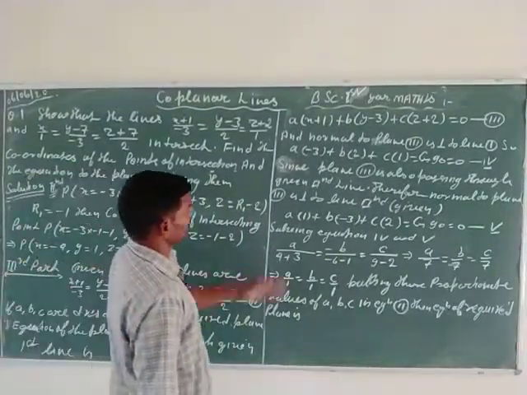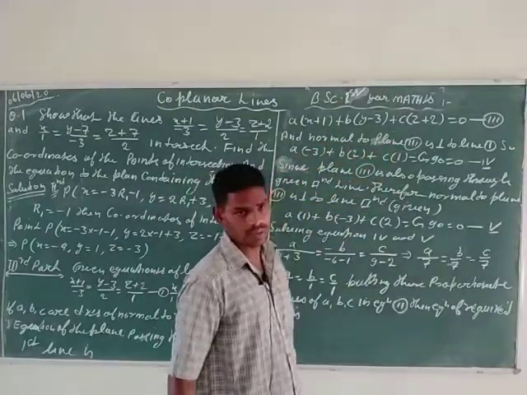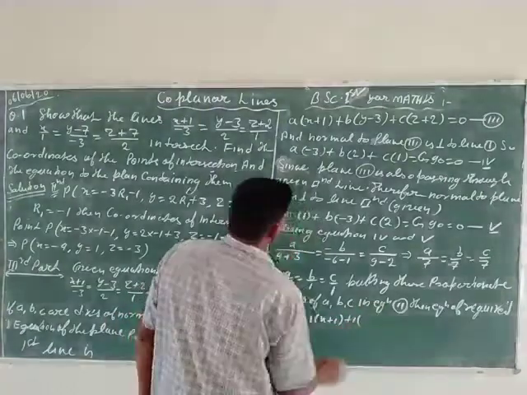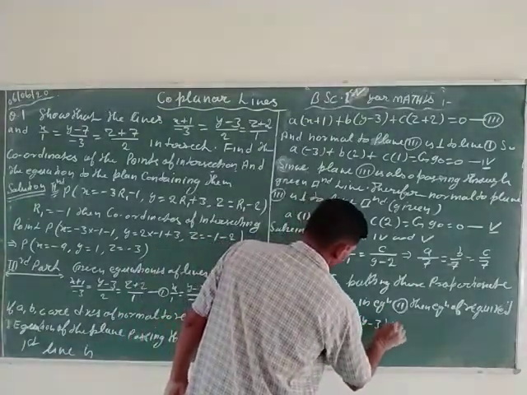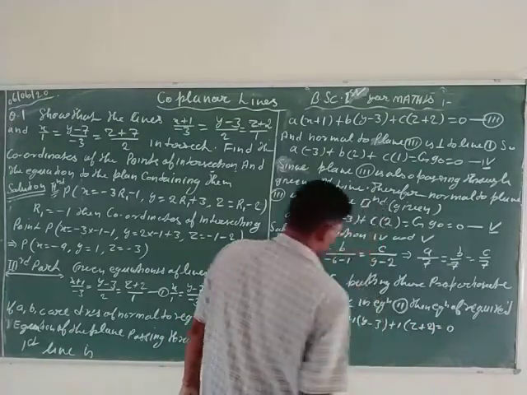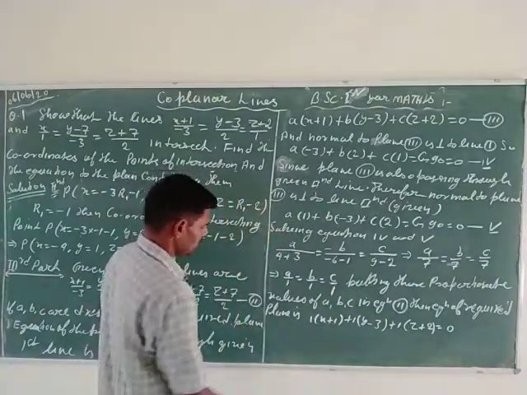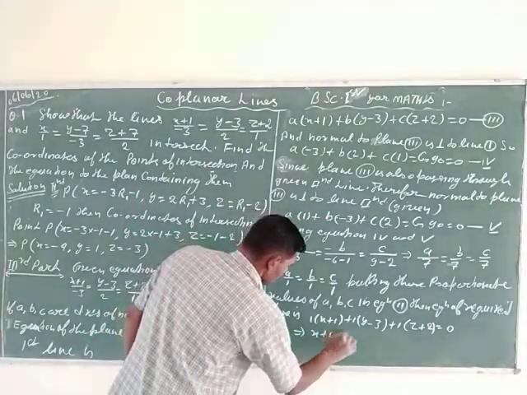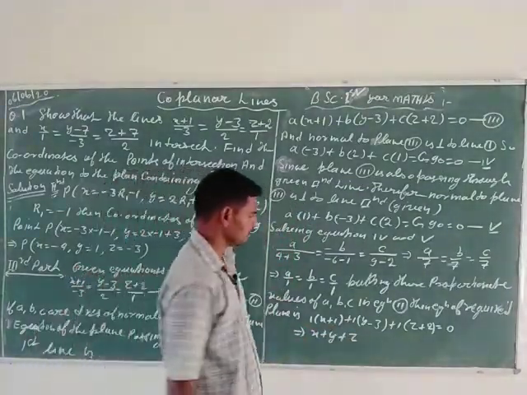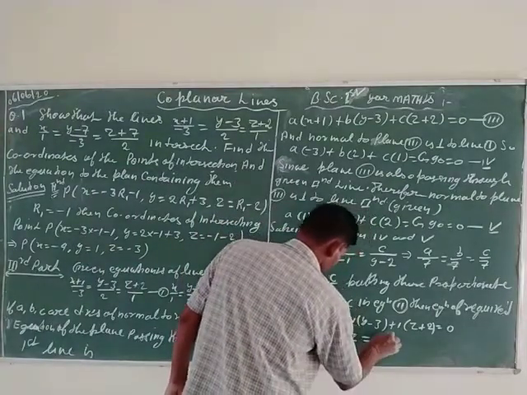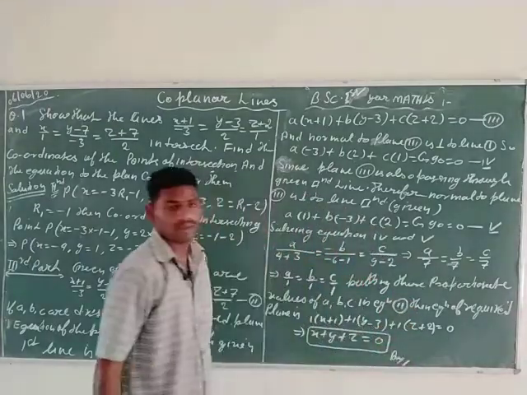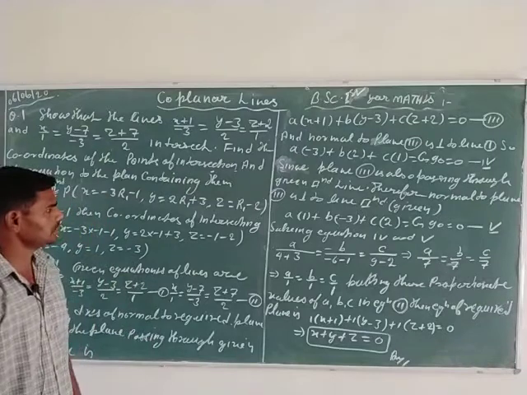So here putting a equal to 1, b equal to 1 and c equal to 1, we write 1 (x plus 1) plus 1 (y minus 3) plus 1 (z plus 2) equals 0. This implies x plus y plus z plus 1 minus 3 plus 2 equals 0, so x plus y plus z equals 0. This is the complete solution of the third part of question first.